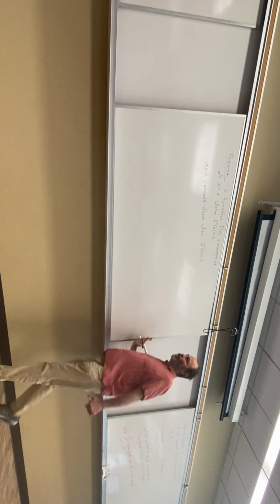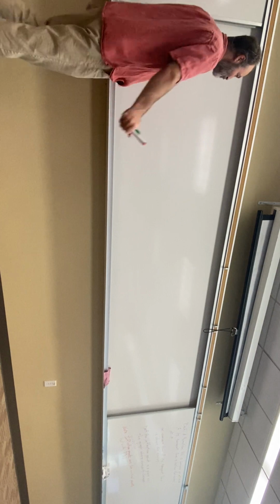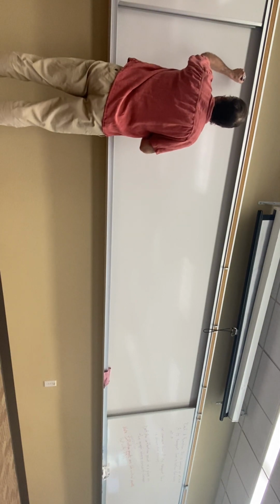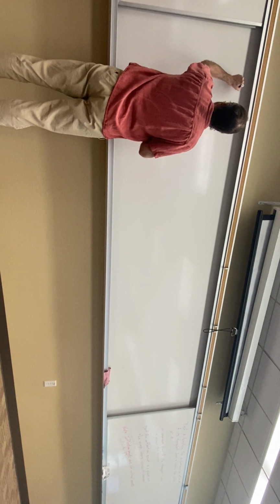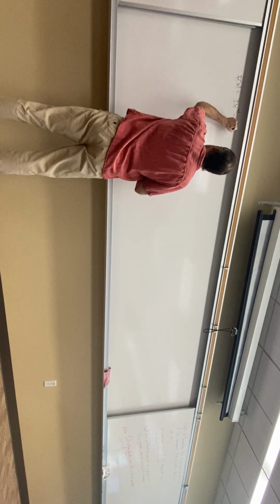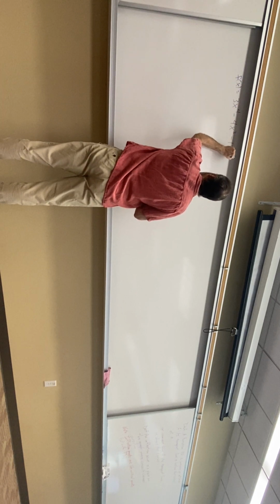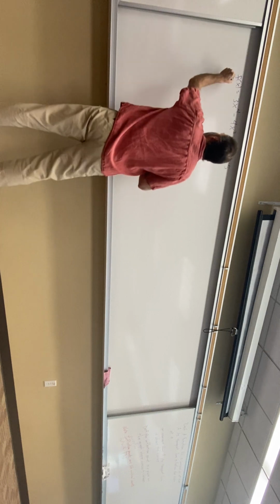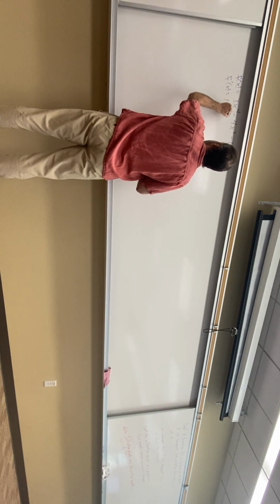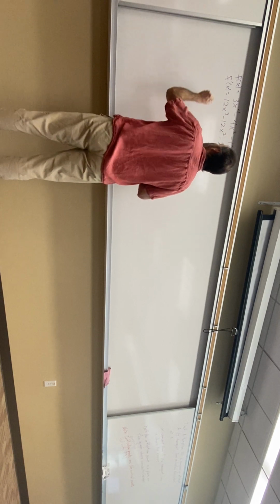Okay, so let's go back to this example that I erased. We had f of x equals 3x to the 4th minus 4x to the 3rd minus 12x squared plus 5. And f prime of x was 12x cubed minus 12x squared minus 24x.